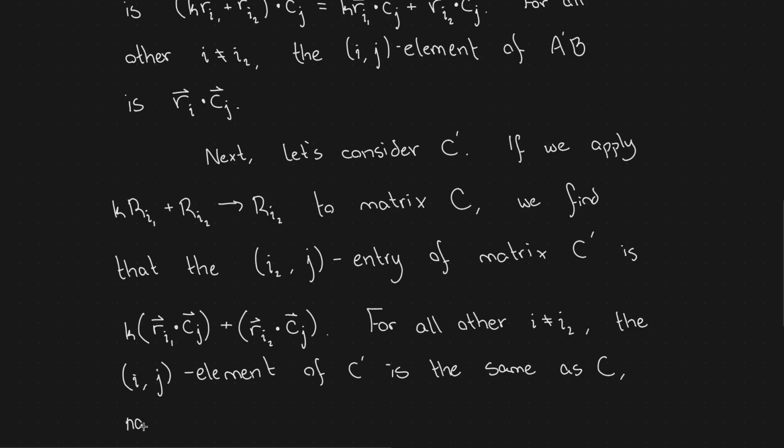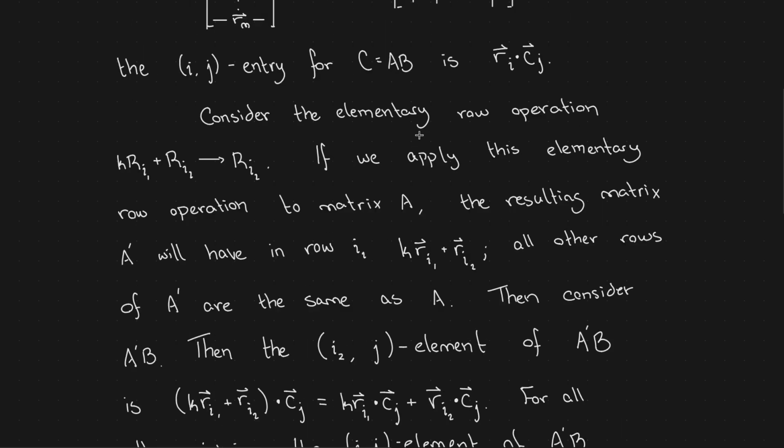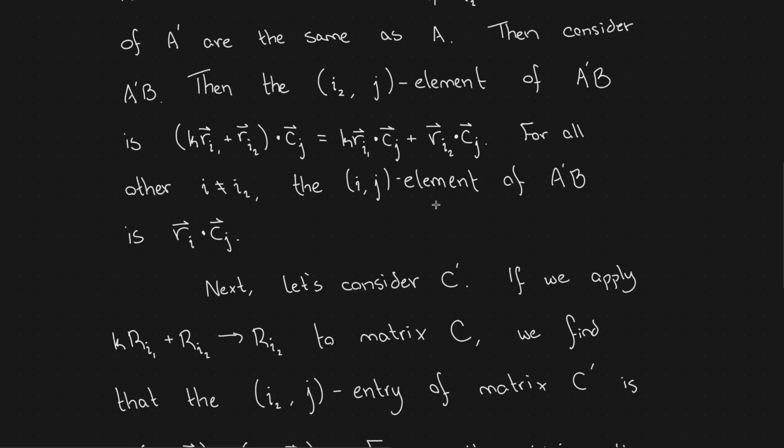Namely, it's r_i dot c_j, which again, that's just the same as the ijth element of matrix C. Okay?